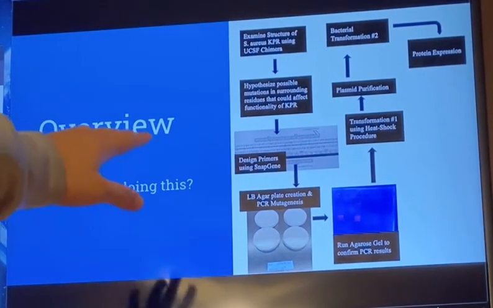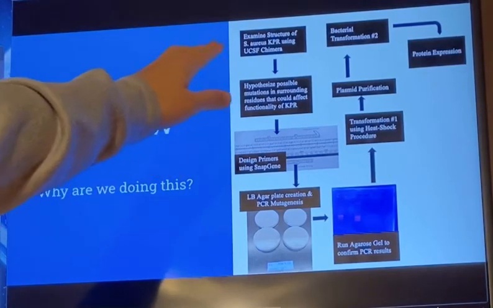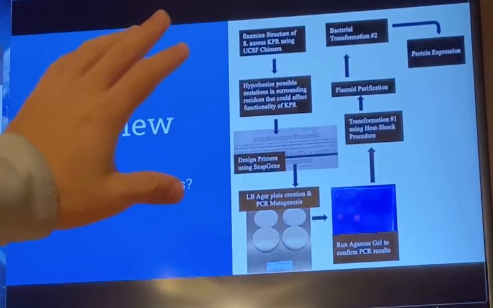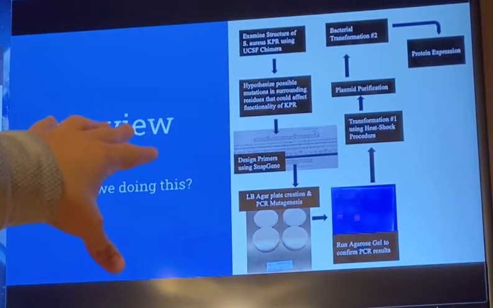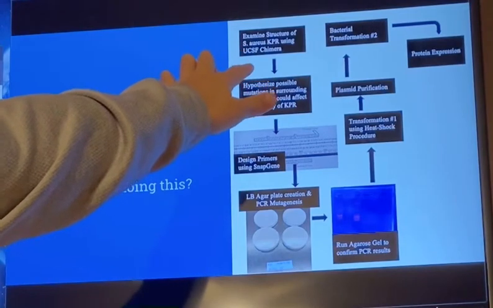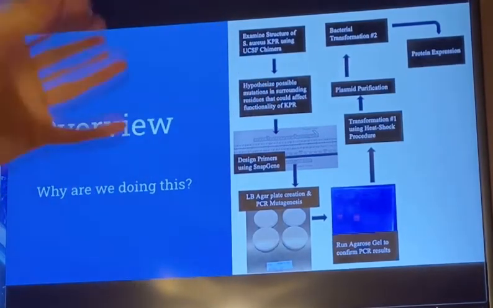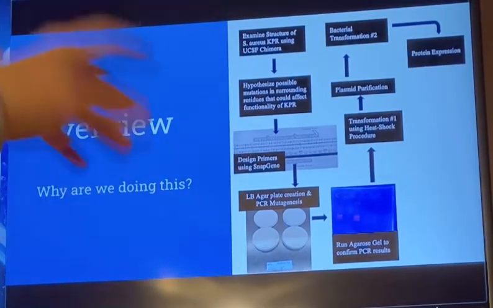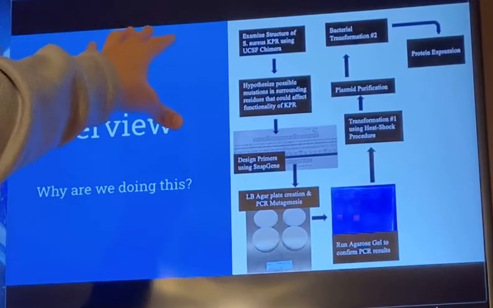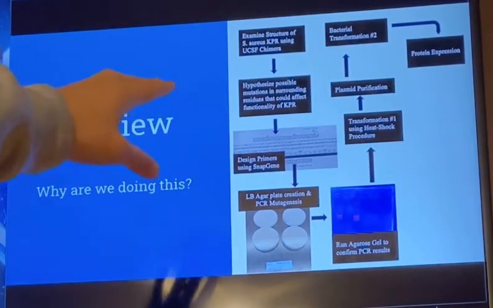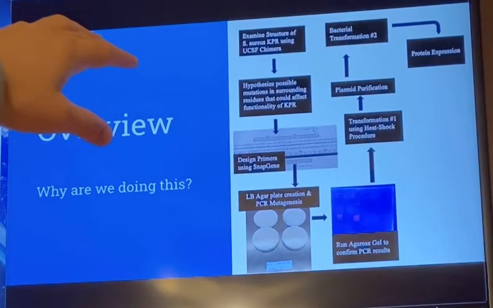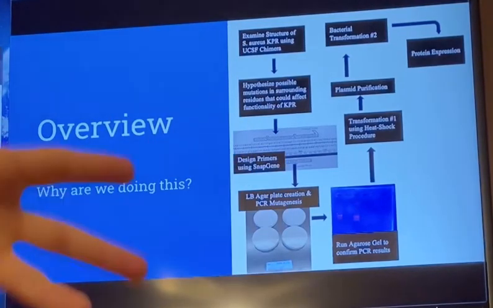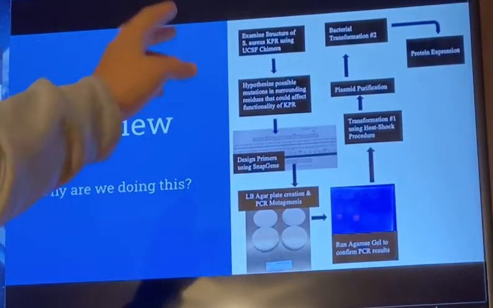So as you can see, up here, first we're going to examine the structure of this enzyme through UCSF Chimera, which is a program that I'll talk about later, but it helps us identify the structure, and then we're going to use that to hypothesize different mutations around the ketopantoate protein that could affect the functionality overall. So we're going to do that by designing primers.